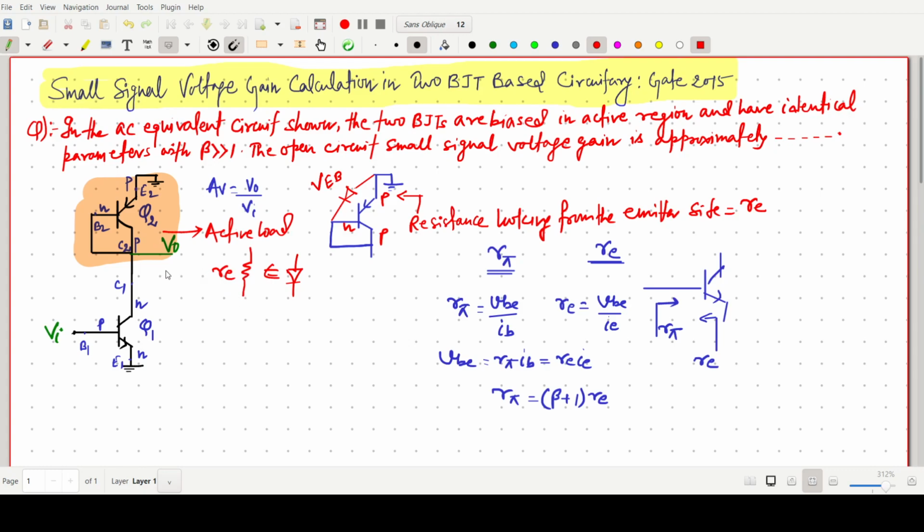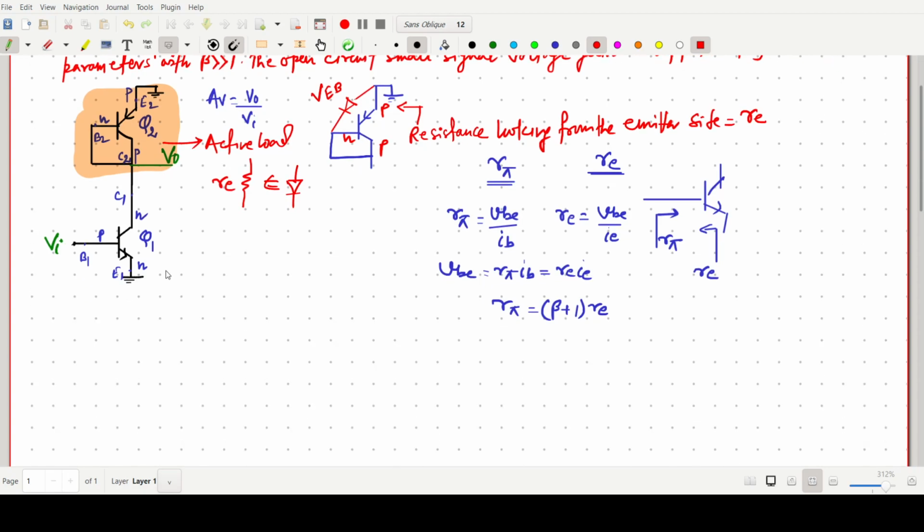So we can replace the upper portion with a resistance, say RE, keeping this one as ground. The other one is simply our Vi.